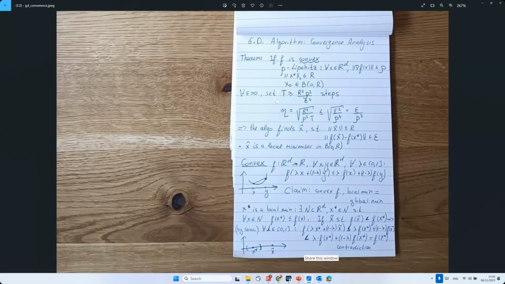It means that there is some region of points, let's say N, in R^d, such that x star belongs to this region and the value at x star is the smallest among all other points in this region. This is what is written here: for all x in this region N, f of x star is smaller, or at least not greater, than f of x.